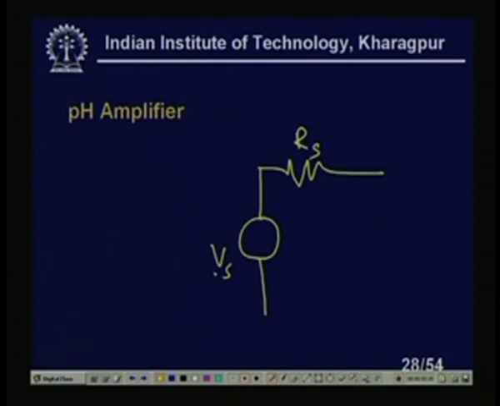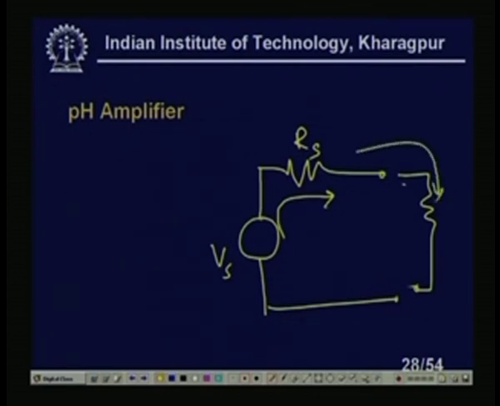If I try to draw some current through this circuit, because when you measure with a meter, it has some input impedance, a current will start to flow, and then there will be a large drop across this. So, I won't get the proper measurements.